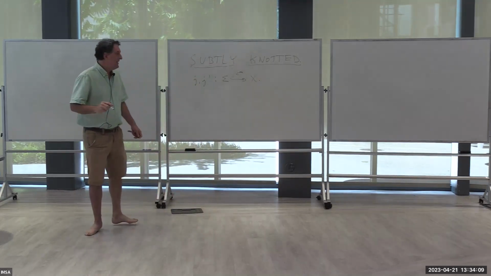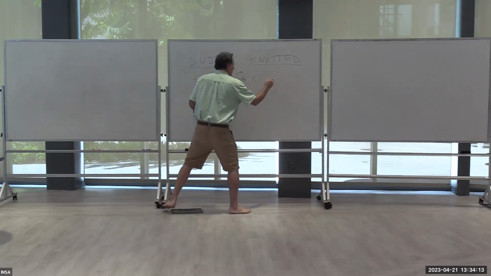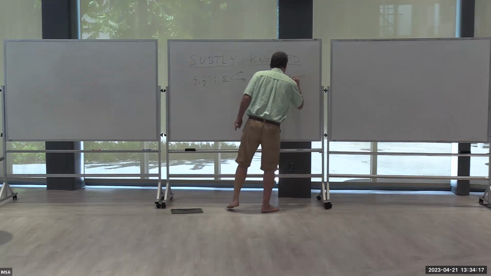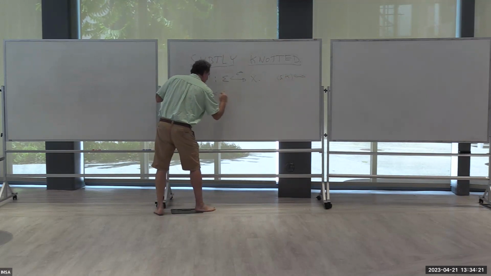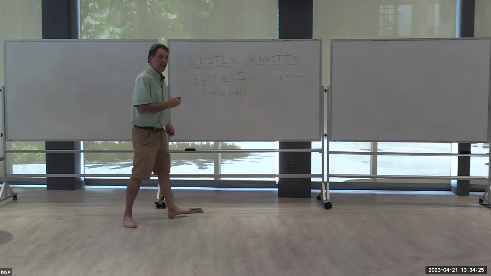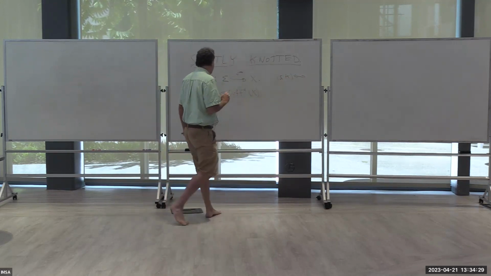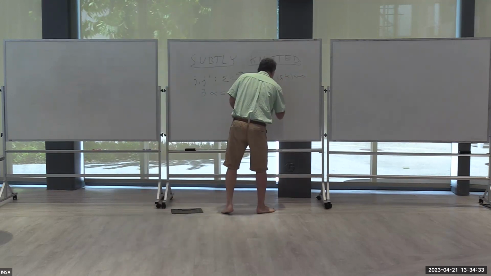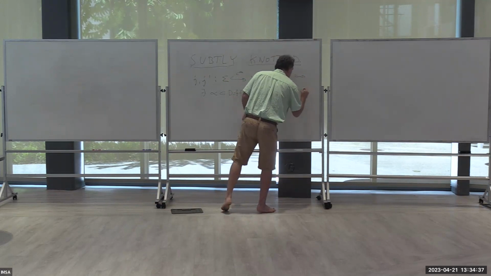To be subtly knotted will mean that J and J prime are subtly knotted if and only if there exists a diffeomorphism alpha, here I'll say orientation preserving, just because it will allow me to do a comparison to the classical case, such that J prime equals alpha composed with J.